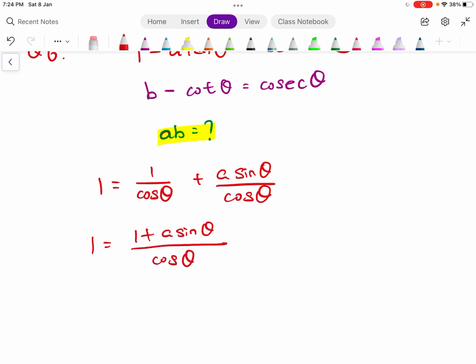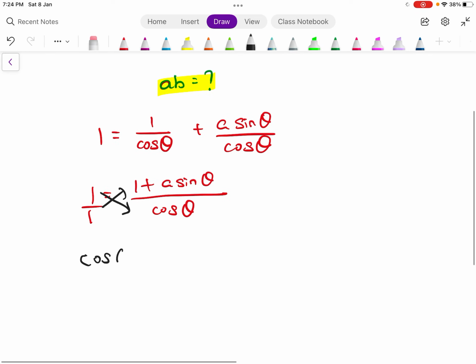Every time you see this, the next thing I want to do is the crisscross. So you'll get cosine theta equal to 1 plus A sine theta. This is the first thing I want.